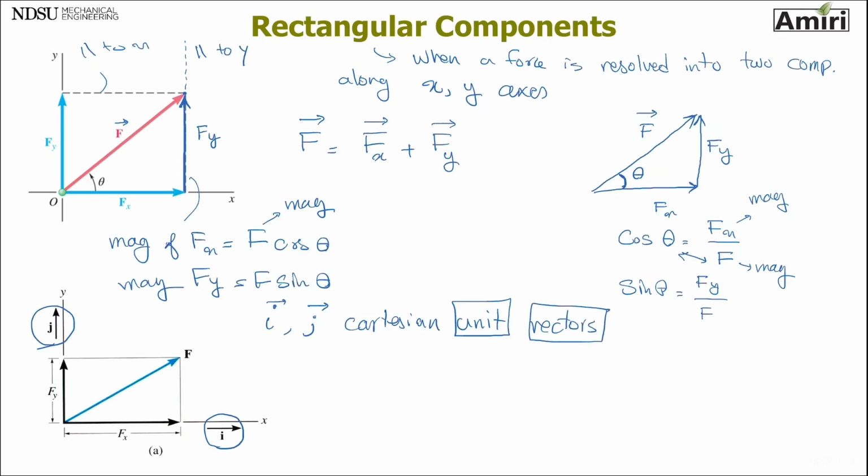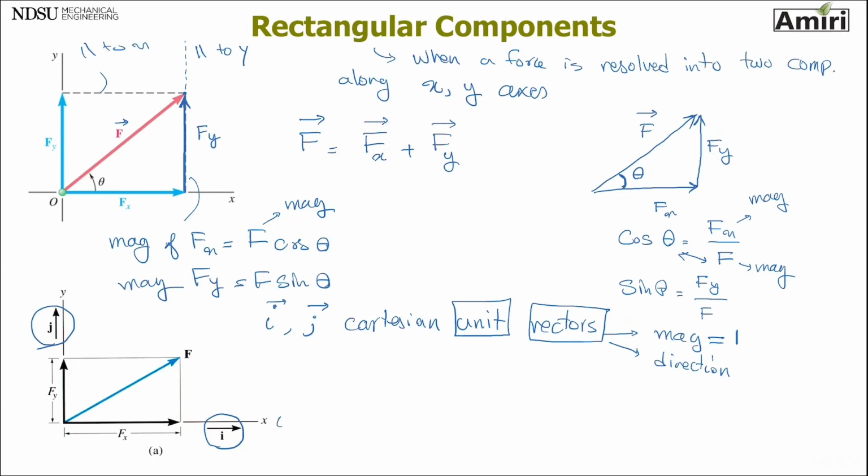Based on what you know, a vector is something that has a magnitude and a direction. So can you tell me what is the magnitude of i or j? It's a unit vector, which means the magnitude is 1. The magnitude is 1 unit.